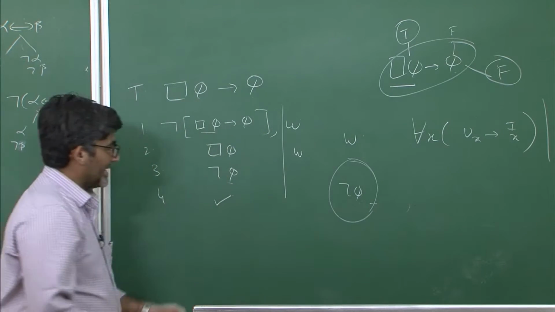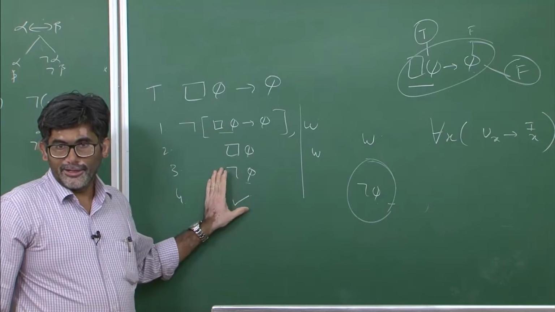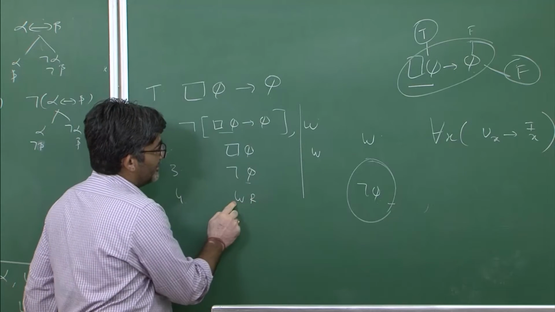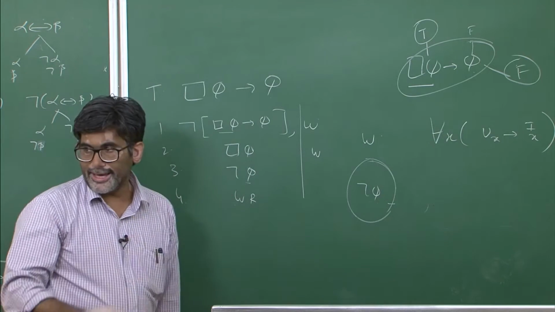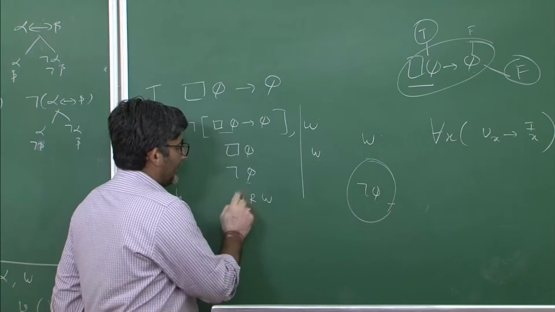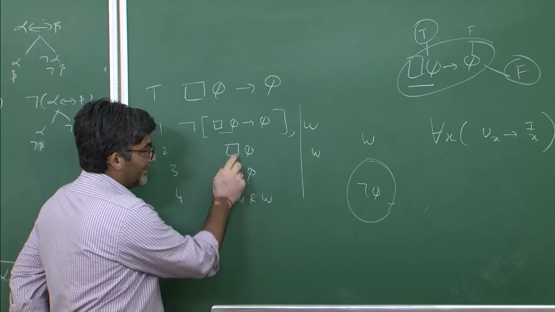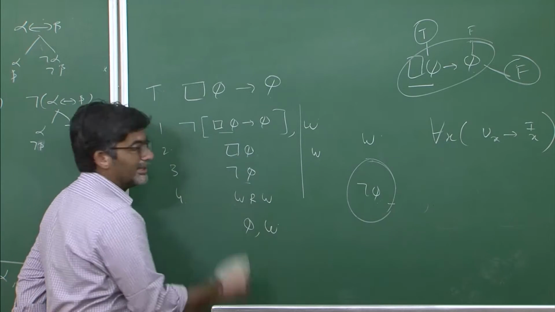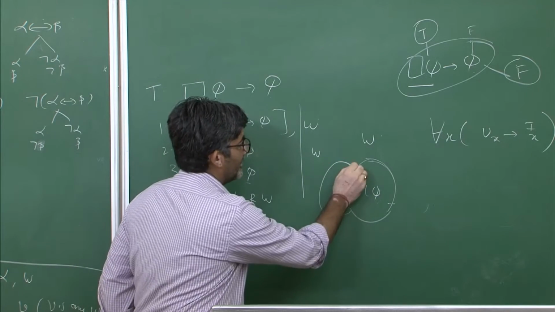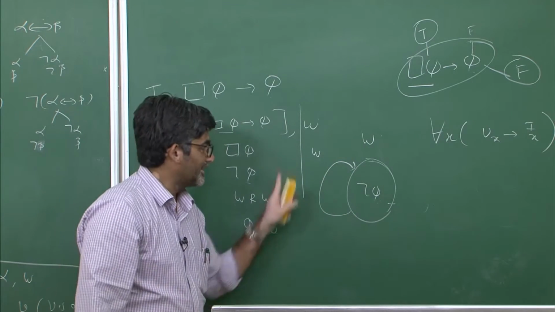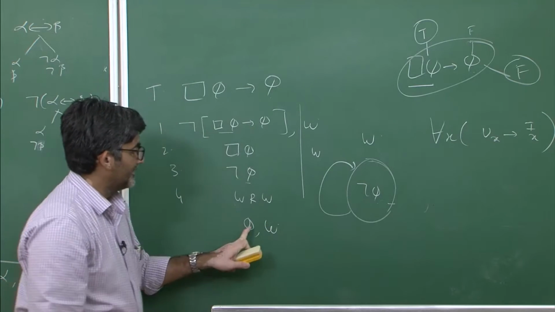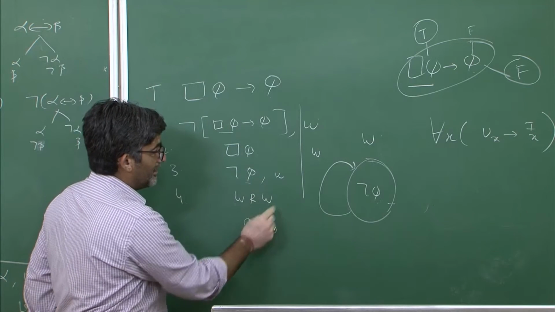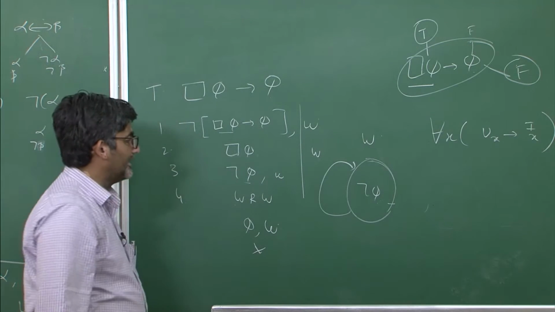So now under what conditions does this branch close? This branch closes only if there is a world W and that W is accessible to itself, and if it is accessible to itself then, by necessity of phi, phi has to be true in that world W itself. So the moment you draw W accessible to itself, your phi has to be true in that world W. So now you have not phi is true in world W and phi is true in world W, and this closes.